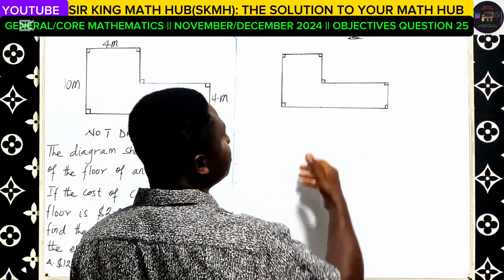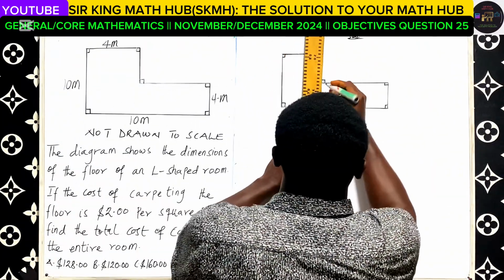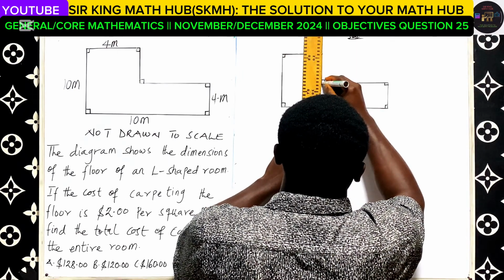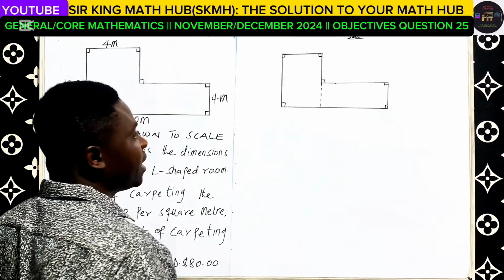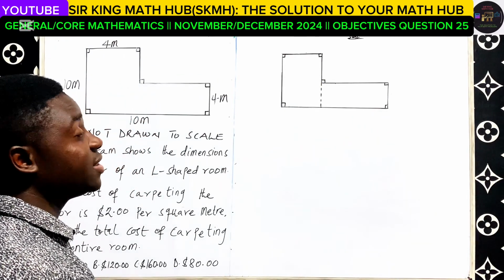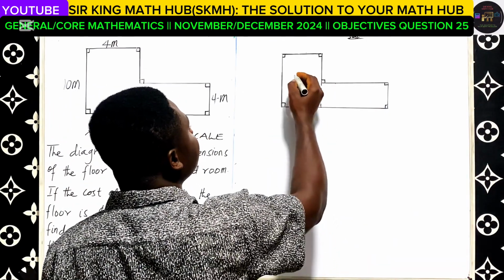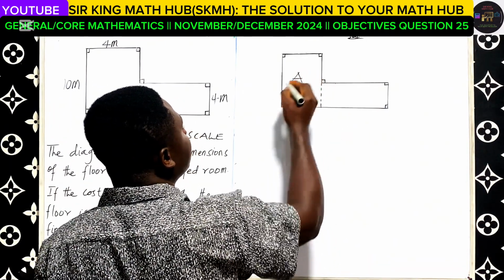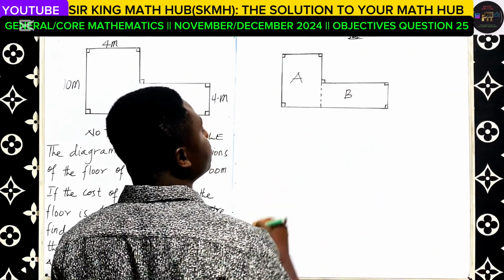But in my case, I prefer dividing it vertically. After division, we have two different floors. I'm naming the first floor as floor A and the second floor as floor B.